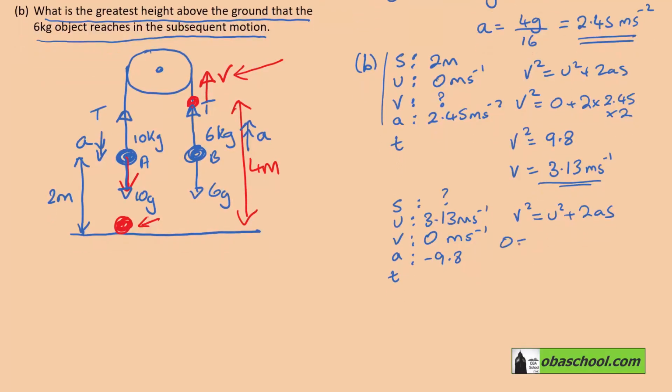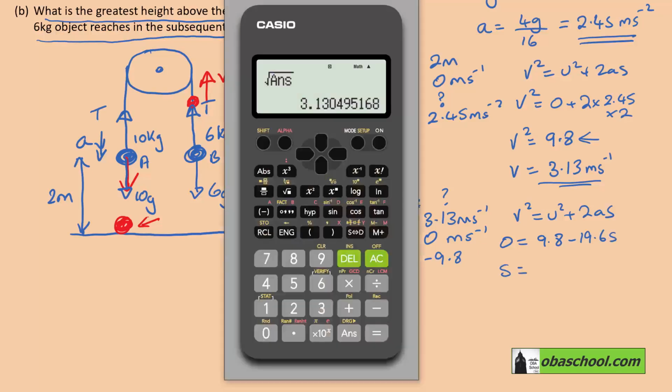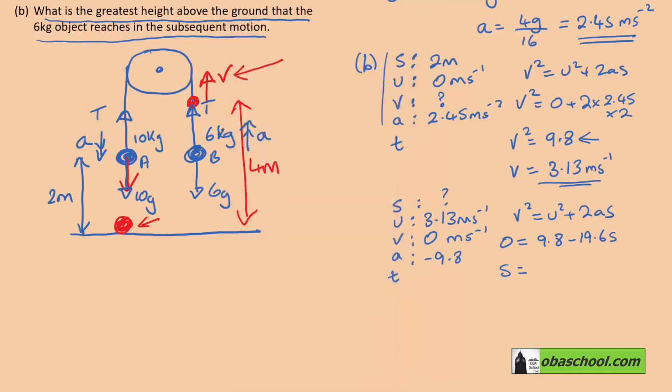So 0 is going to be, well, we know that u squared is 9.8, and then, since a is negative 9.8, that's going to be 19.6s. And so s is going to be 9.8 divided by 19.6, which is 0.5.